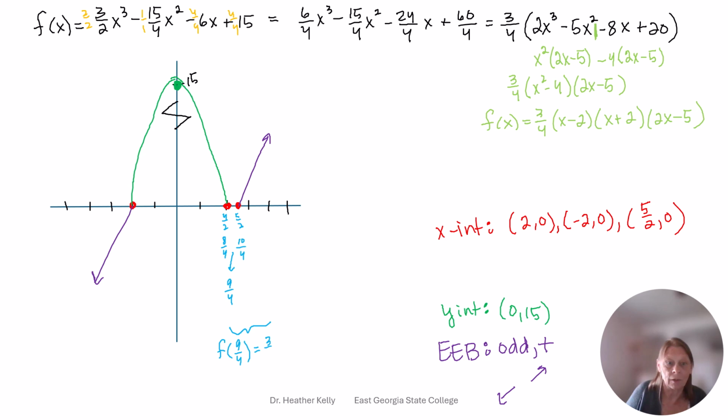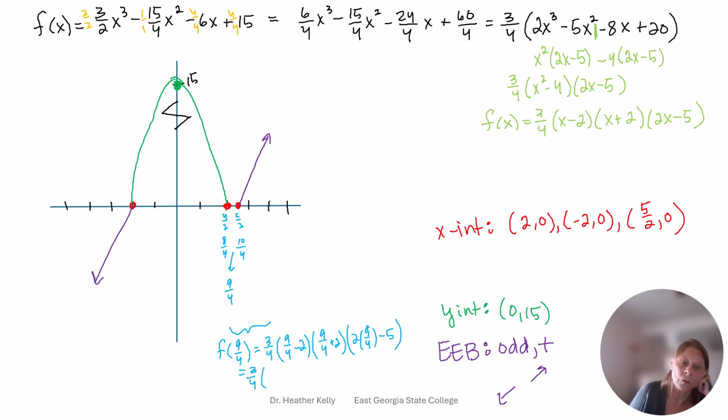So let's see, 3/4 times 9/4 minus 2 times 9/4 plus 2 times 2 times 9/4 minus 5. Oh my goodness. Okay, so let's do this here. So we have 3/4. Now, of course, if you have your calculator handy, you could do that too. 2 is 8/4.